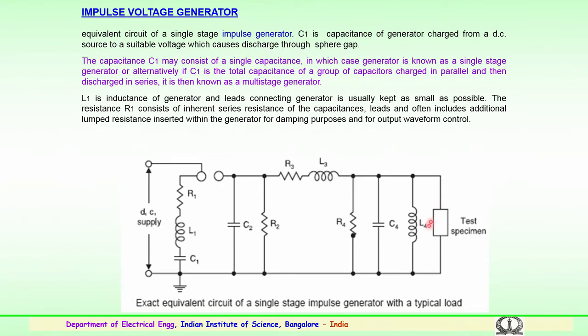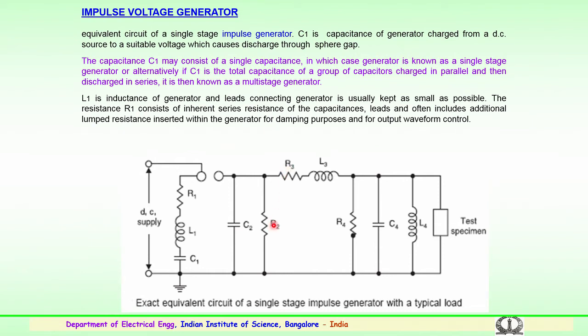So, the equivalent circuit of a single stage impulse generator is shown here. The input is the DC supply. You have a capacitor C1, the generator capacitance, and a capacitance C2, the load capacitance.